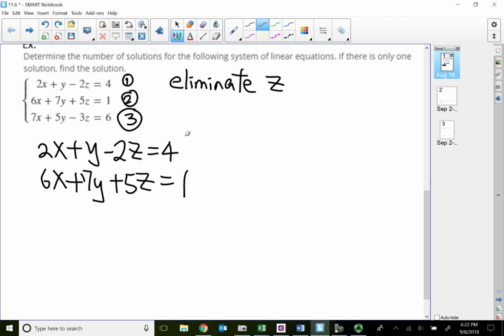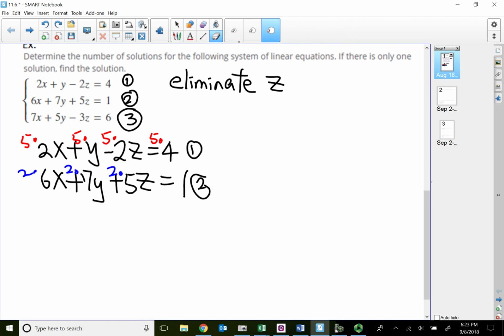That means for my first equation, I'm going to multiply every term by 5, to make the second equation end up with a 10z, I'm going to multiply every term by 2. So let's see what I got.